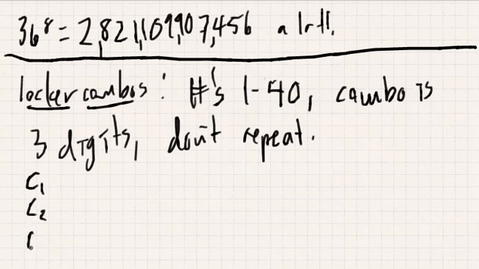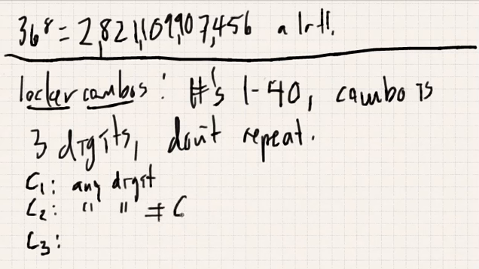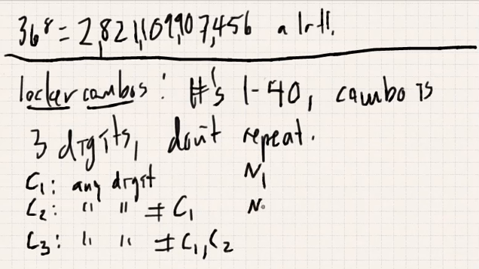So what choices do I have? My first choice is going to be any digit. My second choice is going to be any digit that's not equal to the first choice. And my third choice is going to be any digit that's not equal to the first choice or the second choice. So how many possibilities do I have in each case?